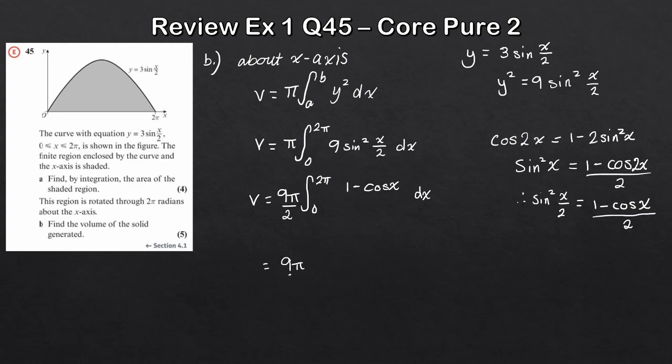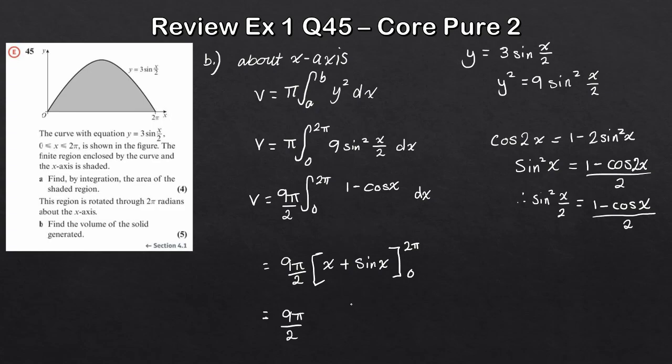So that's 9 pi over 2. If you integrate this, that'll just be x, minus cos x, if you integrate that, we just get plus sine x, between 0 and 2 pi. At this point, all we need to do is plug our limits in.